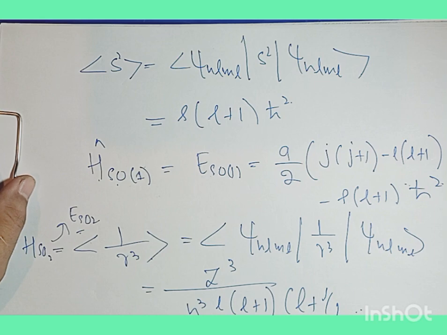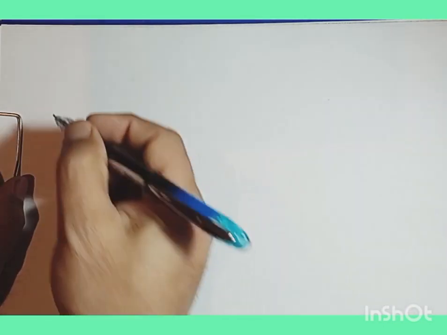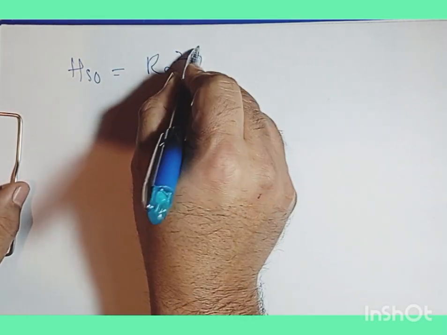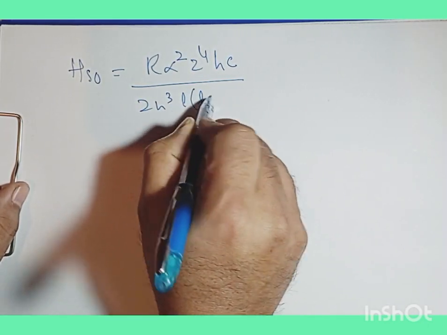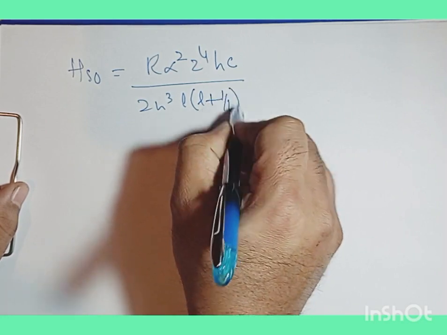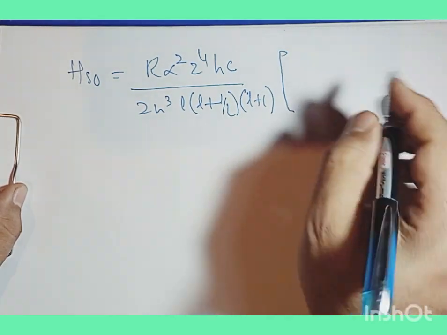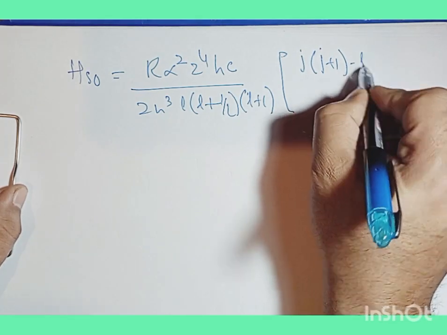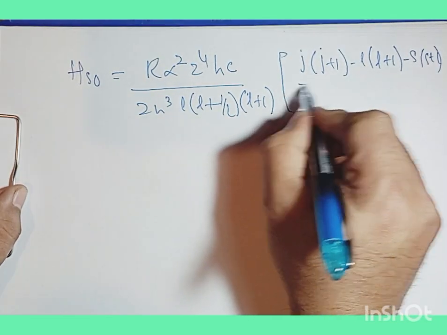And to write down the final expression for this correction, we can write down this H_SO as R alpha squared Z to the power of 4 h c by 2n cubed L times (L plus 1 by 2 times L plus 1), and then we have J times (J plus 1) minus L times (L plus 1) minus S times (S plus 1).